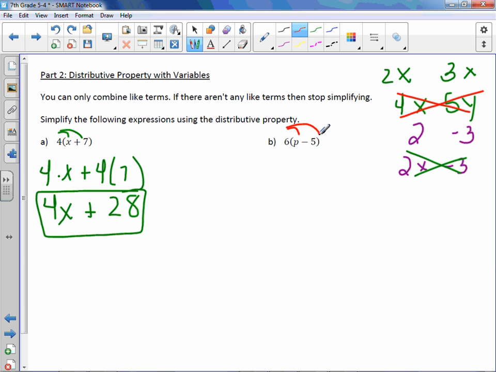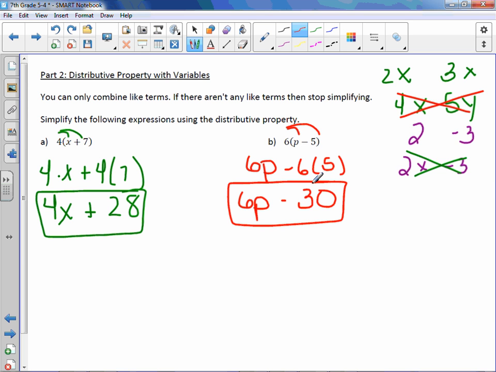Letter B, 6 times p minus 6 times 5. Well, 6 times 5 is 30, so 6p minus 30. Cannot combine them. They are not like terms. Therefore, that is our answer.